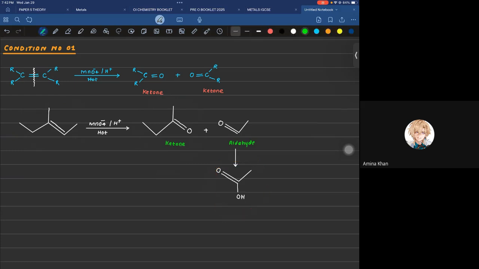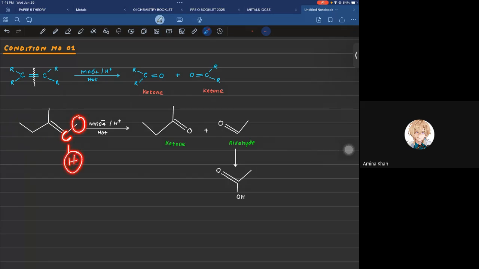That's it. Whenever any reactant is given to you, you have to see what the condition is. Obviously, this was the carbon-carbon double bond. So two R groups: this is the first R group and this is the second R group. When forming the product, the ketone would be formed because two R groups are attached. For this carbon atom, there is only one R group and the other is hydrogen.